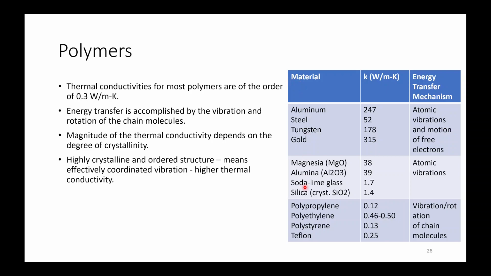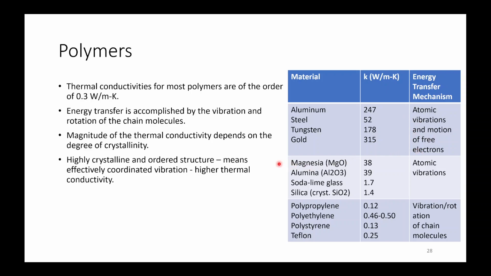Now these are the materials and their thermal conductivities and the energy transfer mechanisms. In case of metals, aluminium, steel, tungsten, gold, they have very high thermal conductivities and it occurs due to atomic vibrations and motion of free electrons.